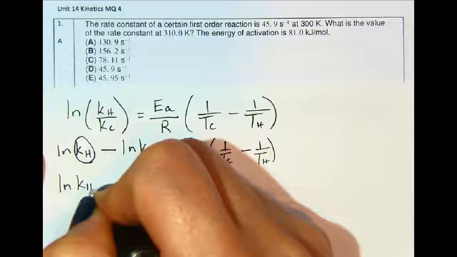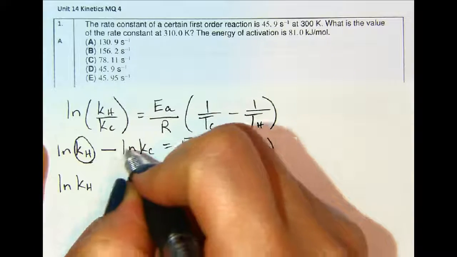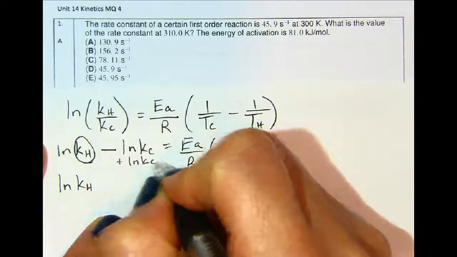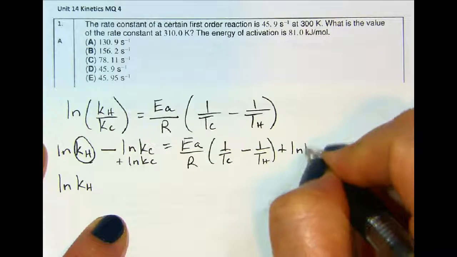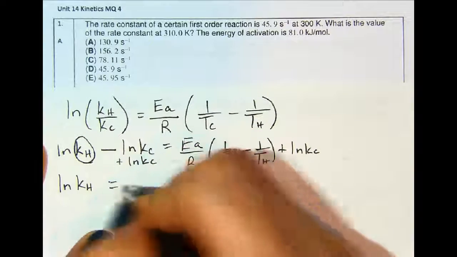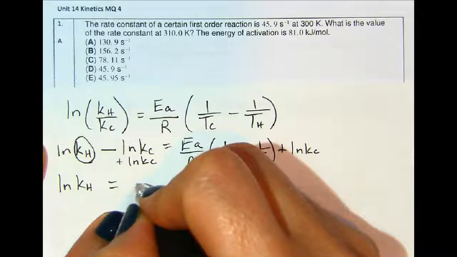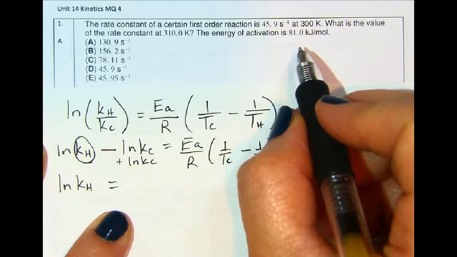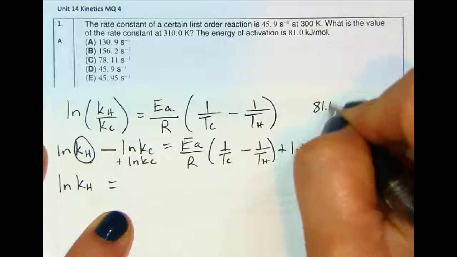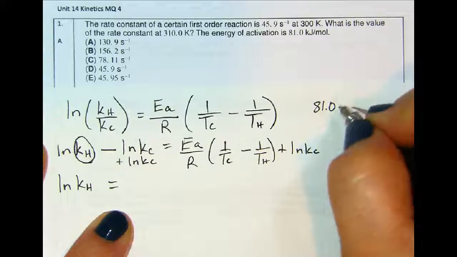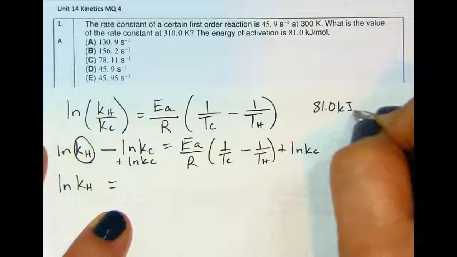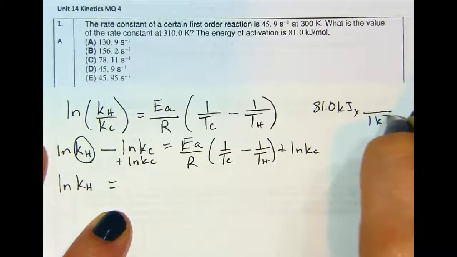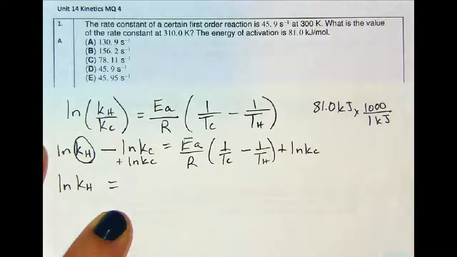The natural log of Kh, and I'm going to go ahead and add the natural log of Kc to both sides of the equation. And so this is going to give me the activation energy, which right now is 81.0 kilojoules. However, my R is in joules, so I'm going to change my kilojoules to joules by multiplying it by 1,000.